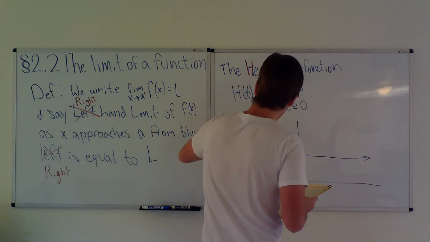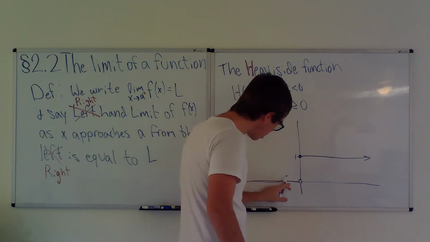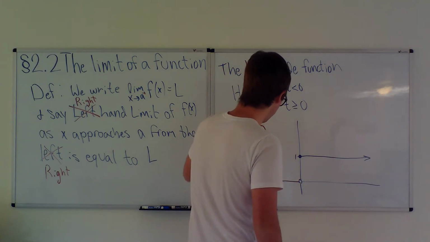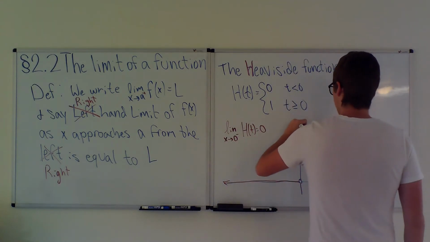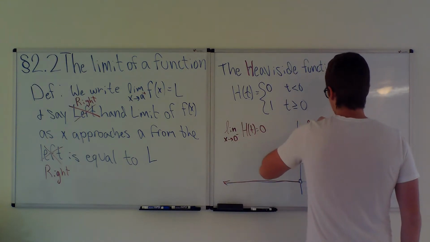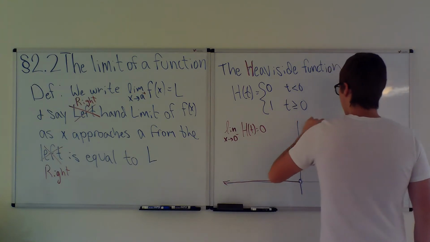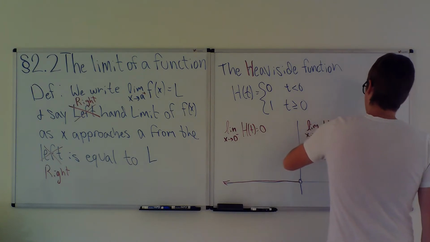Now we look at our graph. As we get closer and closer to 0, this is equal to 0, right? But now if we're looking at 0 plus, x approaches 0 from the positive side, h of t is equal to what?